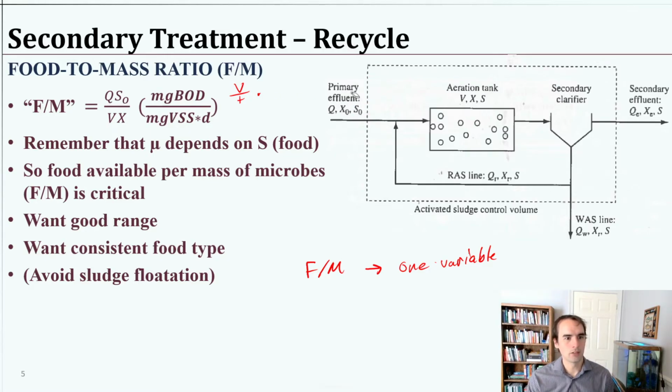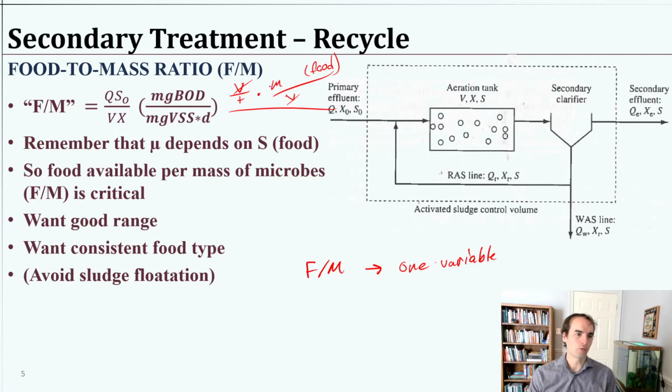That's going to be mass of food per time, per volume. So we'll just say M per volume there. So these volumes will cancel. That's a mass per time unit divided by V times X.